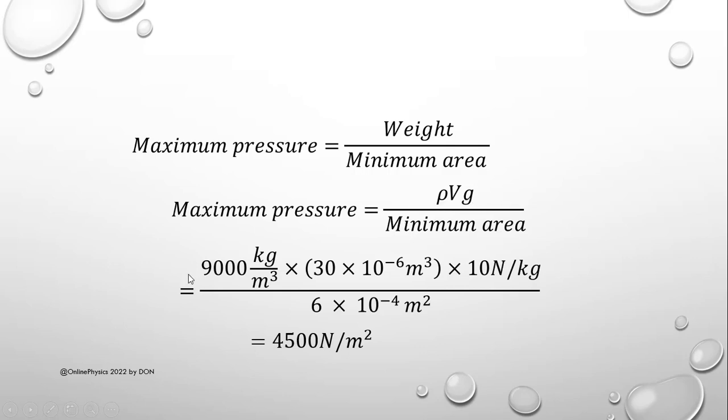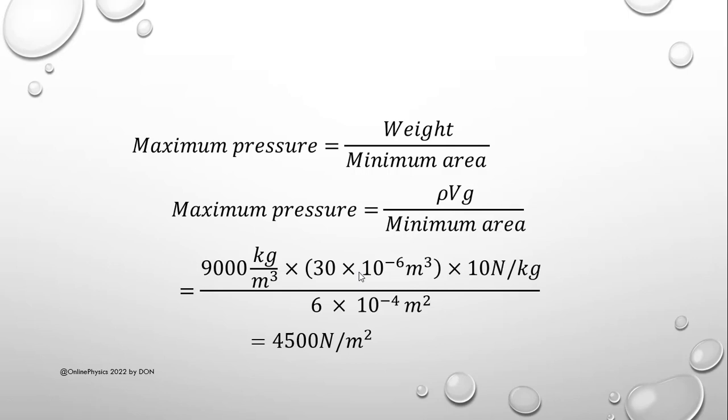So first of all, we change the 9 grams per cubic centimeter into kilograms per cubic meter. We multiply by 1000, we get 9000 kilograms per cubic meter. Then how do we find the volume? Volume is length times width times height.